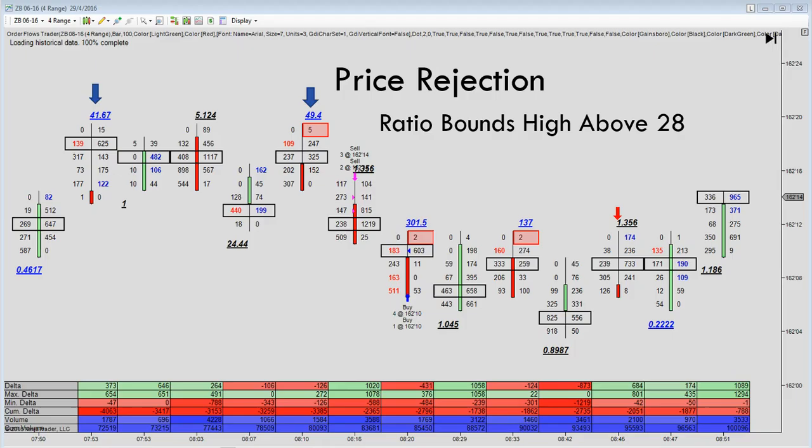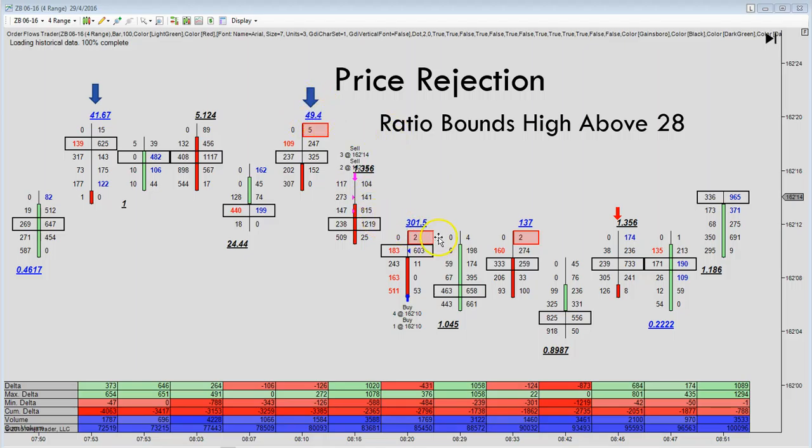Now, a question I get asked once in a while is whether there is any importance in the strength of the number. Again, I'm looking for a ratio bounds high, a number above 28. 300 is a big number. 137 is a big number, whereas 49 is close to 28. Is 300 more important than 49?